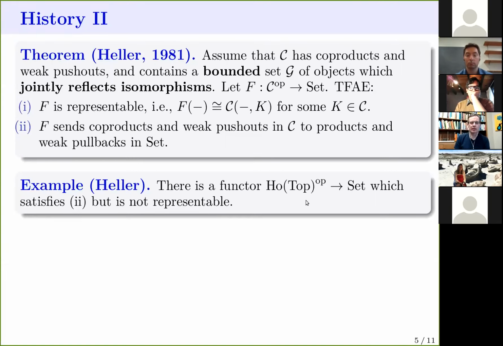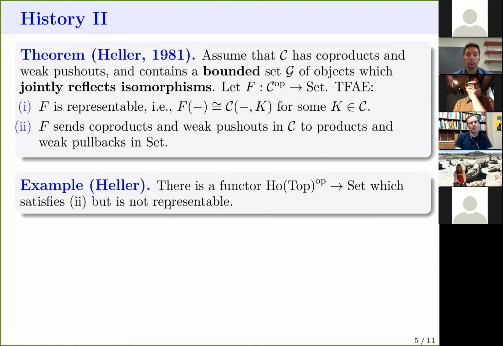So you get an equivalent set of normal subgroups of pi 1. On a disconnected space, you just take the product of that set for each component. So it sends coproducts to products by definition, and you can check that it sends weak pushouts to weak pullbacks. That's a little bit tricky. And it's not hard to see that it's not representable just by a sort of cardinality argument.